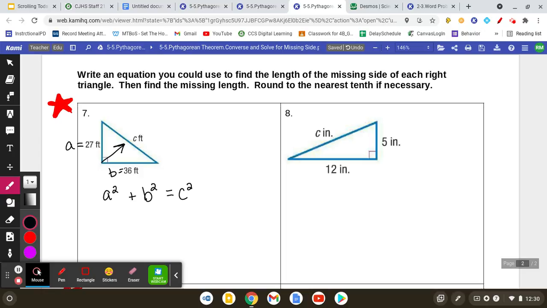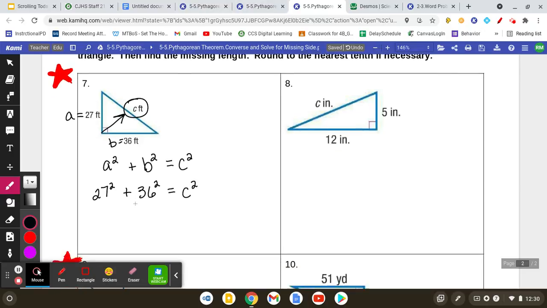Okay, let's begin. Let's plug it into our formula. So our A here is 27, so we're going to do 27 squared, plus our B, which is 36, 36 squared, equals C squared. We don't know what our C is. That's what we are going to find. Okay, let's continue on with this.